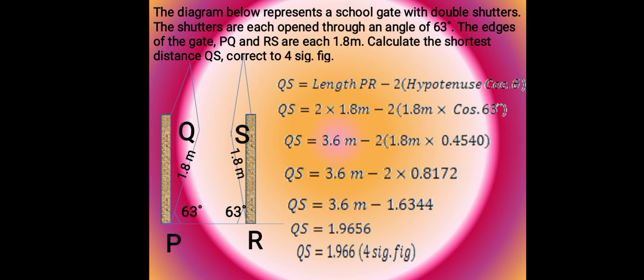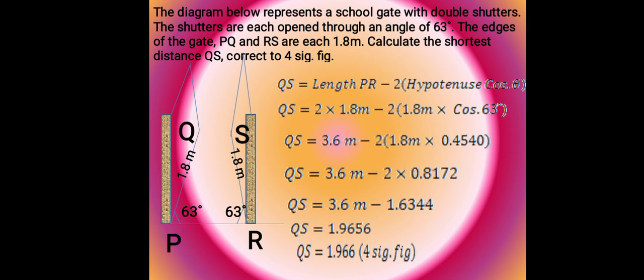That's just the length of the gate. Now the gates are 2 and each gate is 1.8 meters, so if you multiply 2, you get that length. Then less 2 into 1.8 multiplied by cos 63.